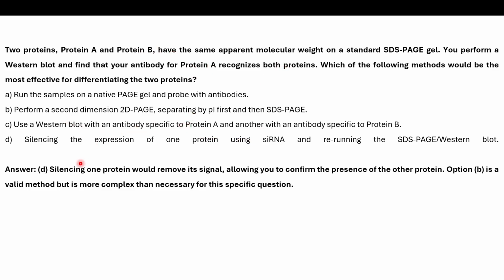An ideal scenario in this case would be either of the two methods, B or D, but D is more amenable, where you silence the expression of a gene which encodes, suppose, protein A or protein B. Thereby you remove its signal, and that will allow you to confirm the presence of the other protein. Option B is actually a valid method but is more complex than necessary for this particular type of question.